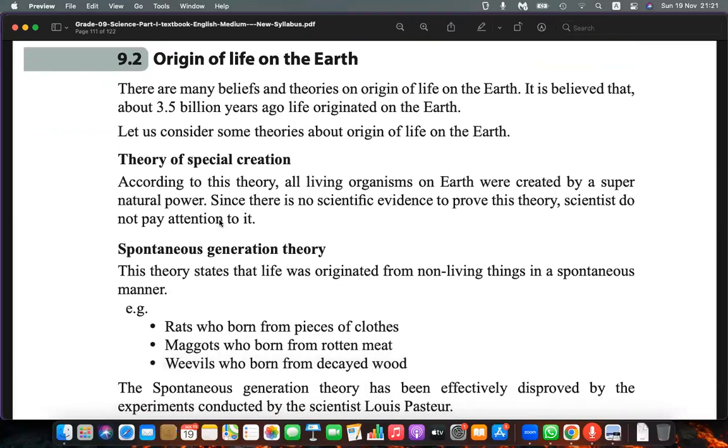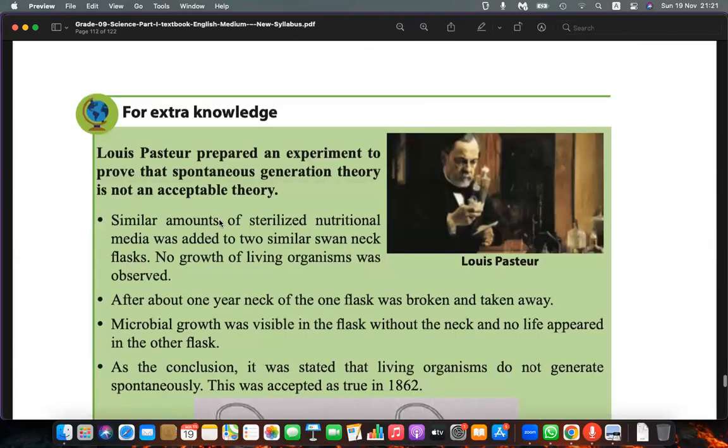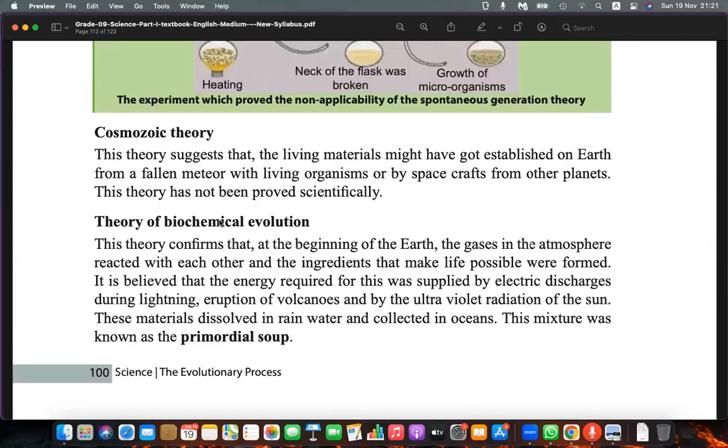Next, in spontaneous generation, living things arose from non-living things. The third, the cosmozoic theory, suggests the living materials might have been established on Earth from a fallen meteor, or living organisms brought by spacecraft from other planets. The cosmozoic theory says living parts came from some other planet and living things arose from them.